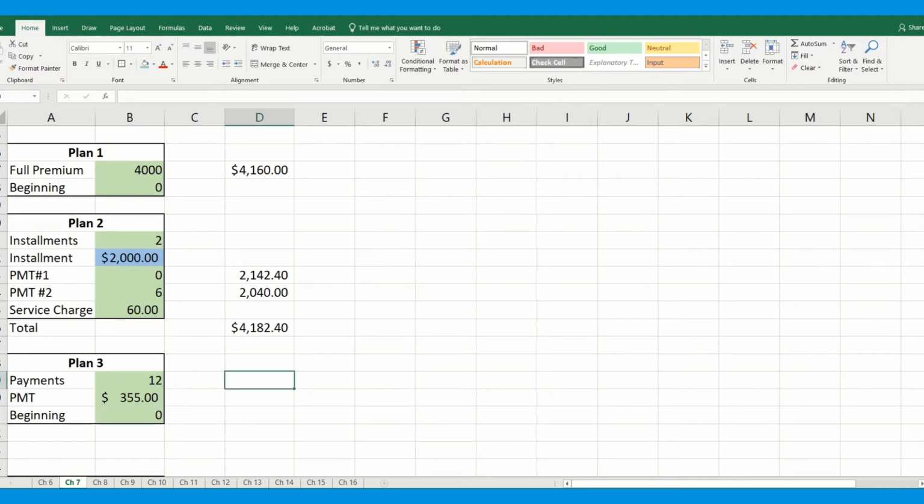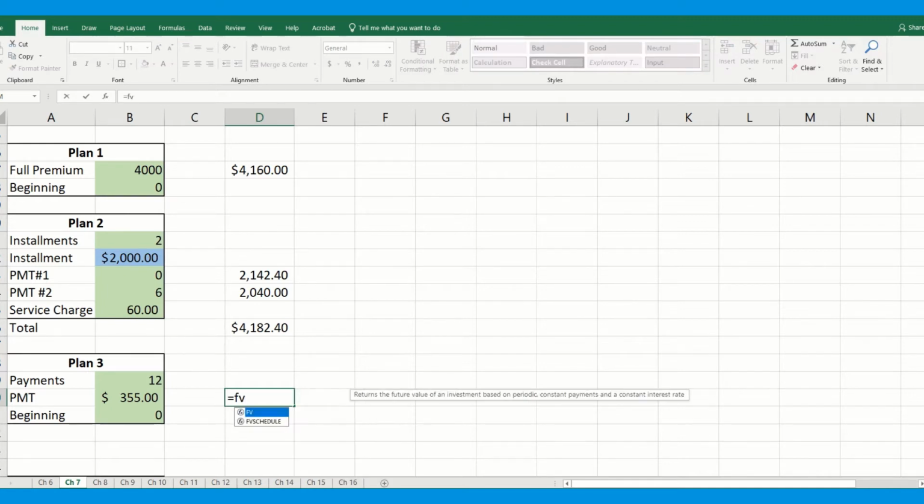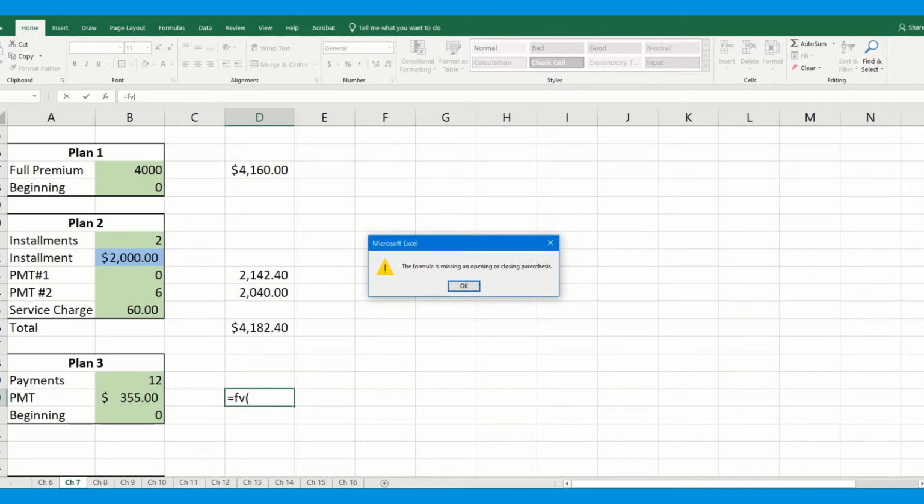So what we're going to do is use the formula that's in Excel, the future value formula. So we're going to go equals the future value. This is a function, called the future value function. I'm going to put a bracket in there, and then I will put in a tab. Oops, opening and closing. I meant to do something different.